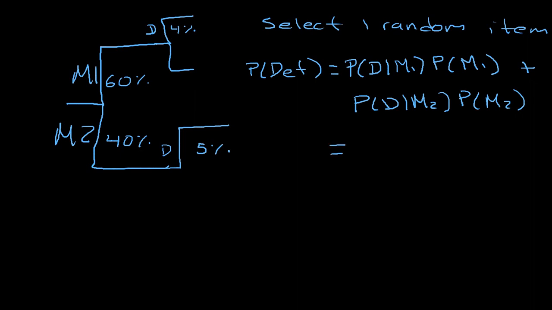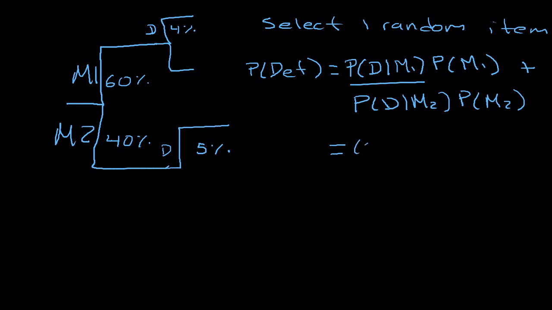So this first term is the conditional probability of being defective given that it was produced by the first machine. We know that it was produced by the first machine, so that probability is just 4%.